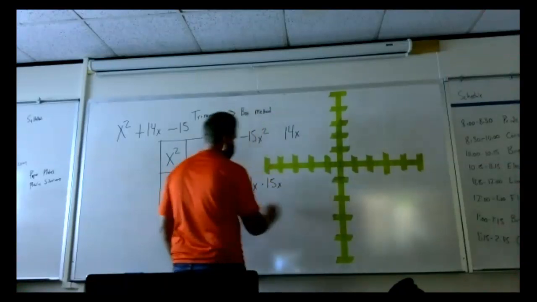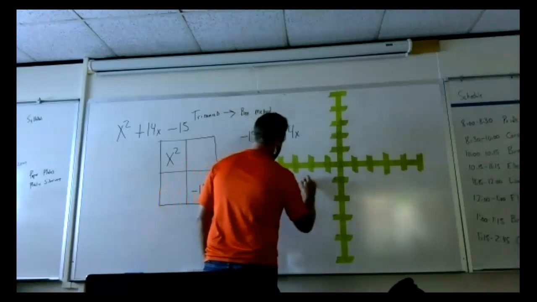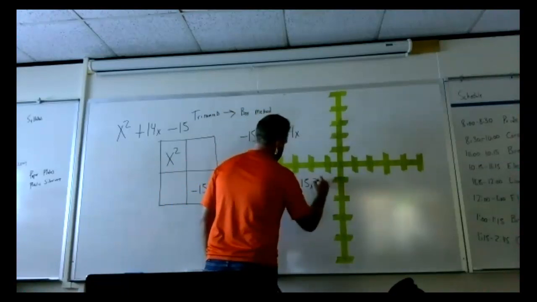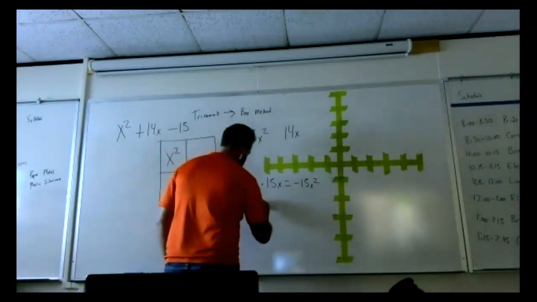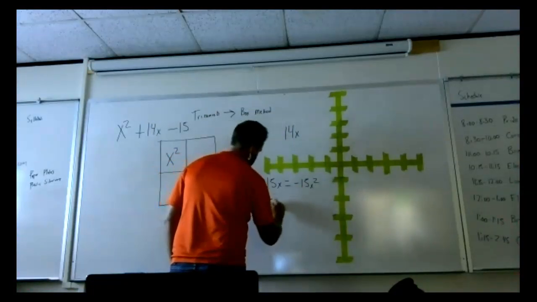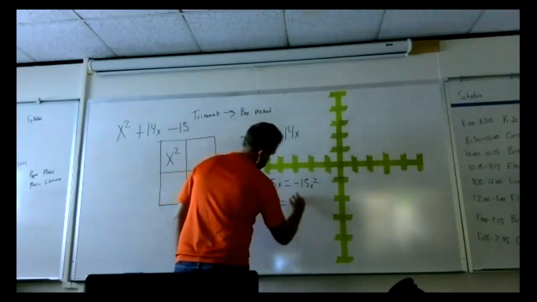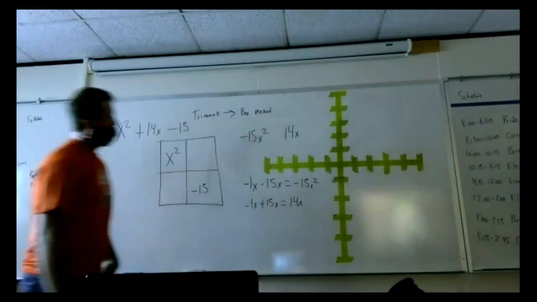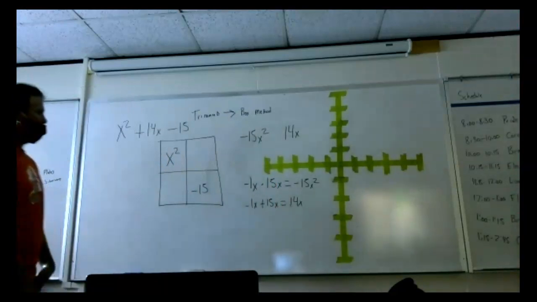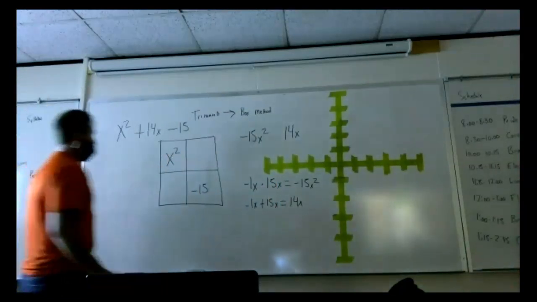If I multiply those together, I get a negative 15x squared. And then if I add those together, I do get a positive 14x. So I'm good with a negative 1x and a positive 15x.